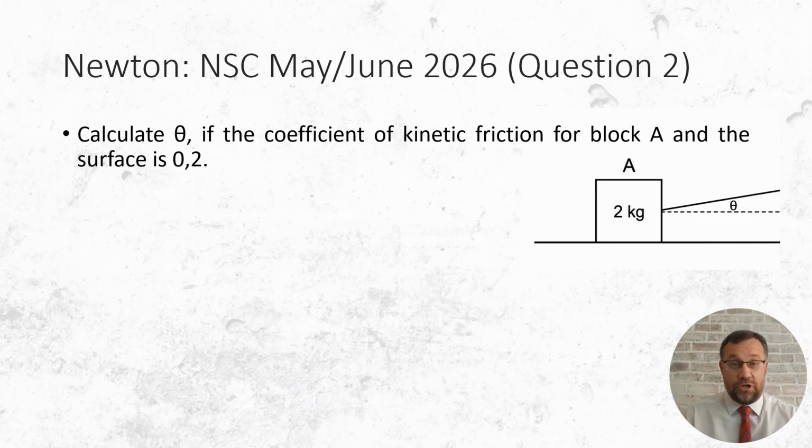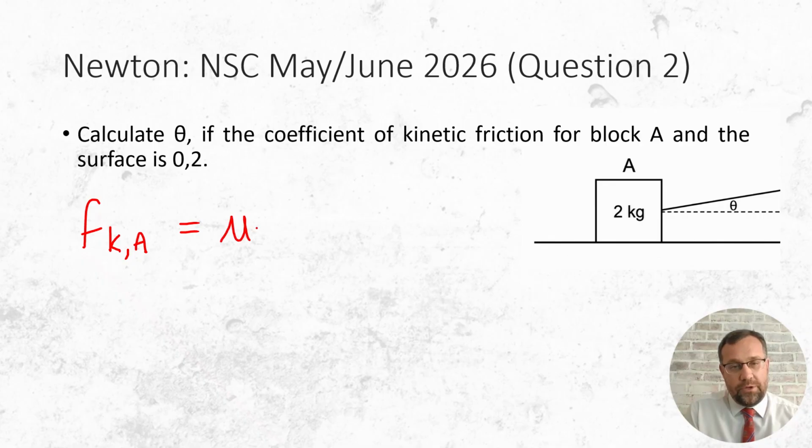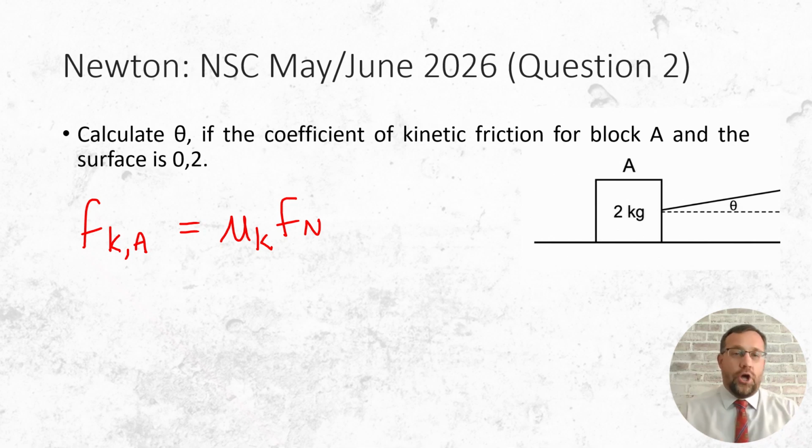The kinetic frictional force is given by Fka equal to mu k times the normal force. We already know that the kinetic frictional force acting on block A is 3,74 newtons, and the coefficient of kinetic friction is 0,2.